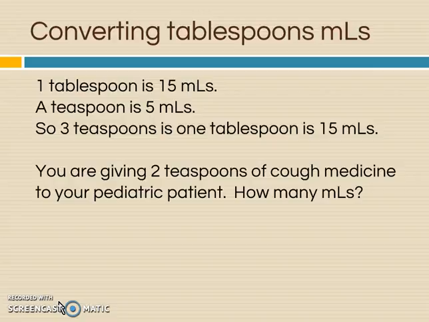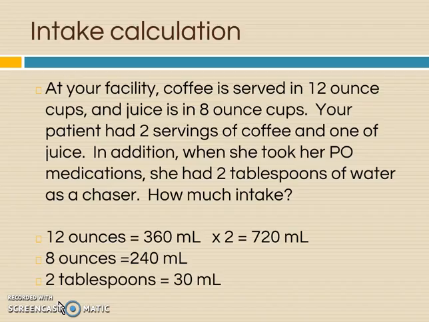But at home, they use spoons. So we use teaspoons and tablespoons, and it works just fine. Okay, so you're giving your 2 teaspoons of cough medicine to your pediatric patient. How many milliliters? And of course, as you can see, a teaspoon is 5, 2 teaspoons would be 10. Easy calculation.